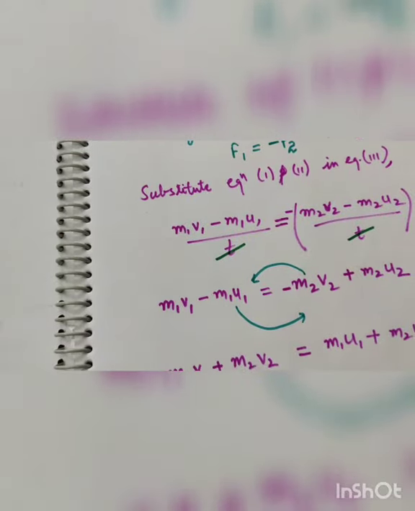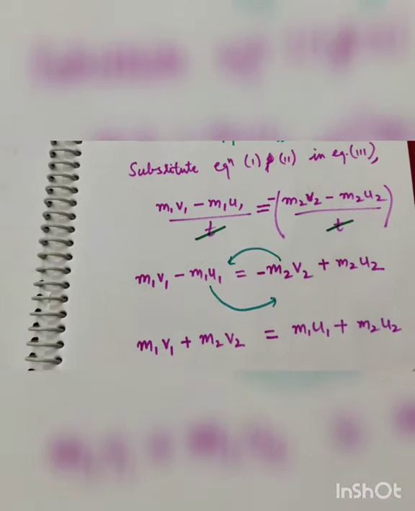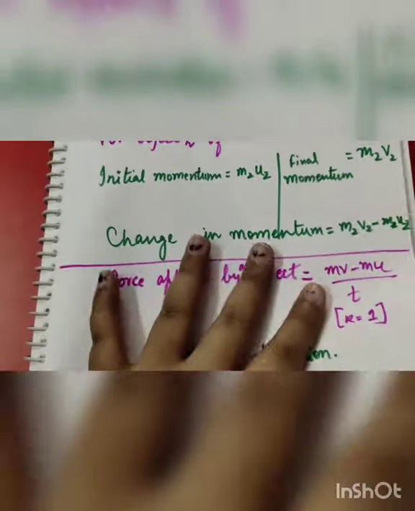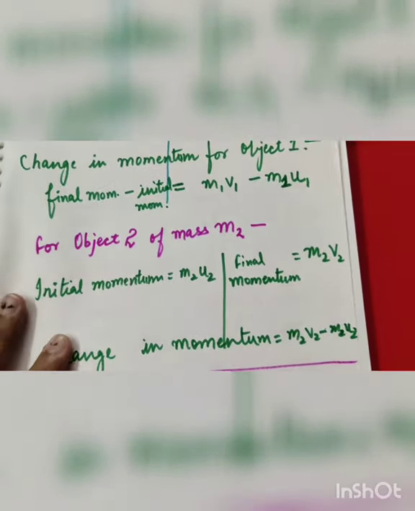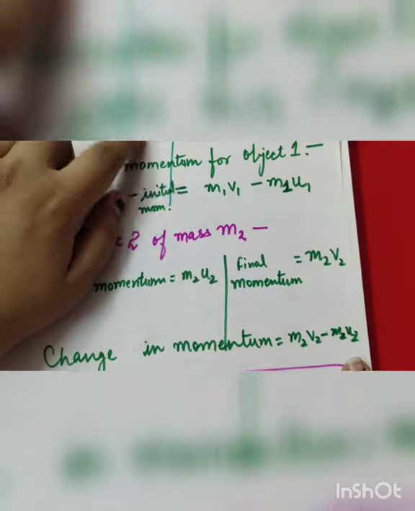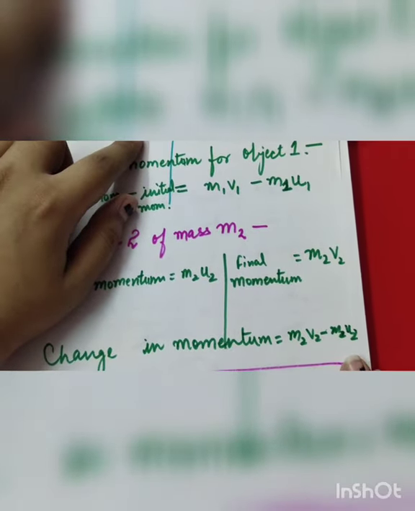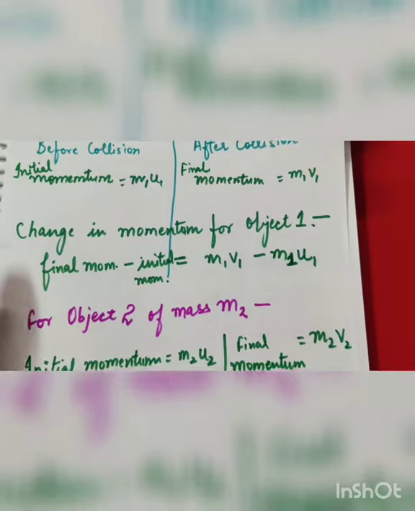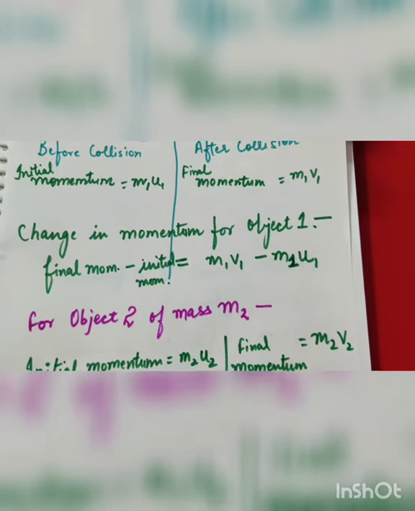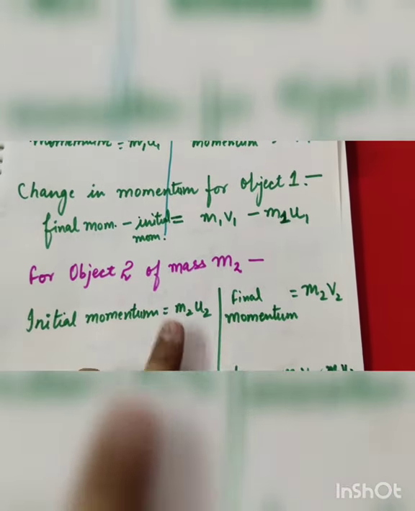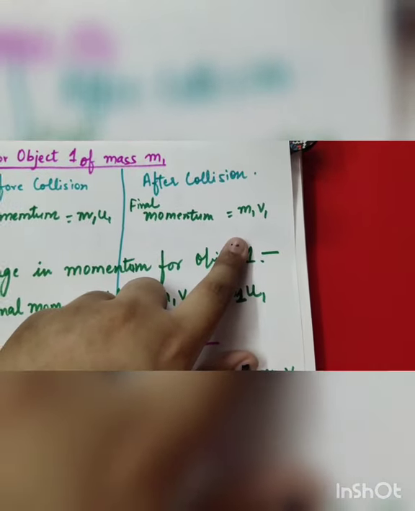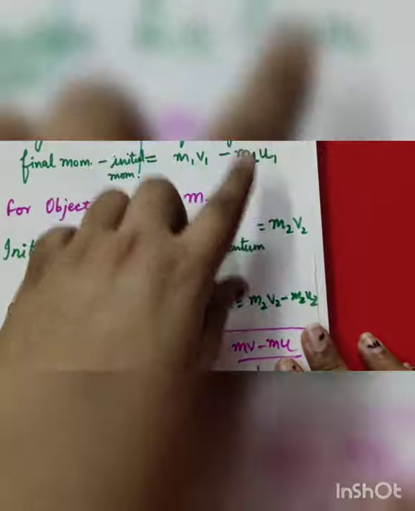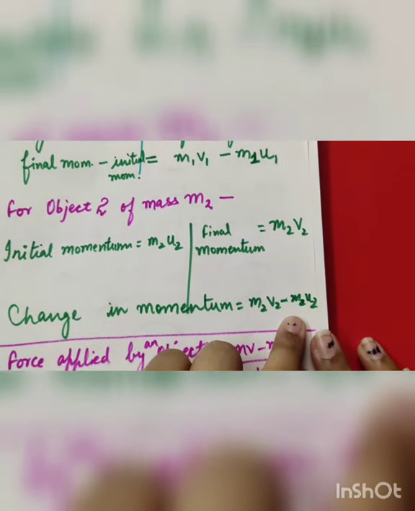Now if you remember, the very first thing we did in this derivation was this, and if you look here, m1 u1 was the initial momentum for object 1, and m2 u2 was the initial momentum for object 2. Similarly, m1 v1 was the final momentum for object 1 and m2 v2 was the final momentum for object 2.